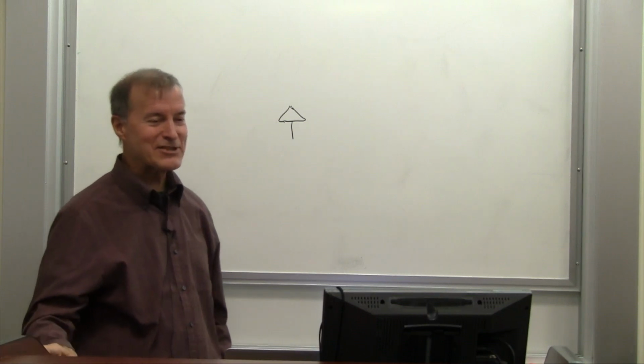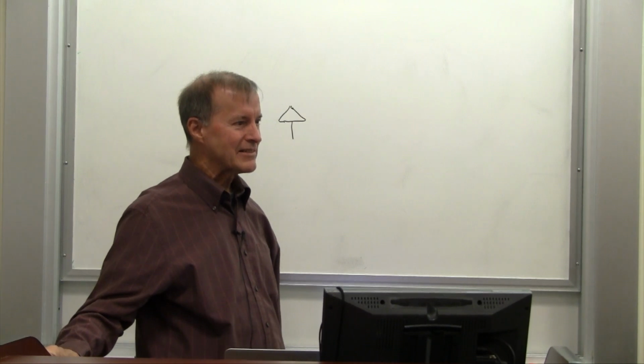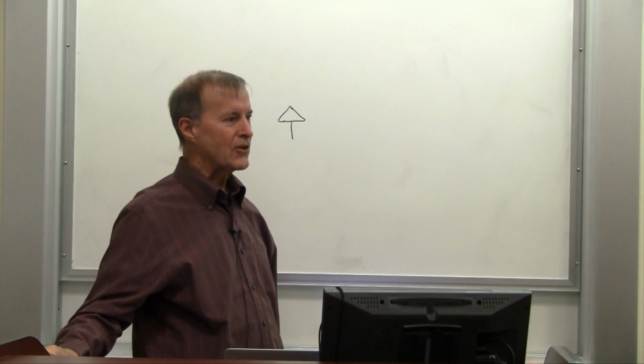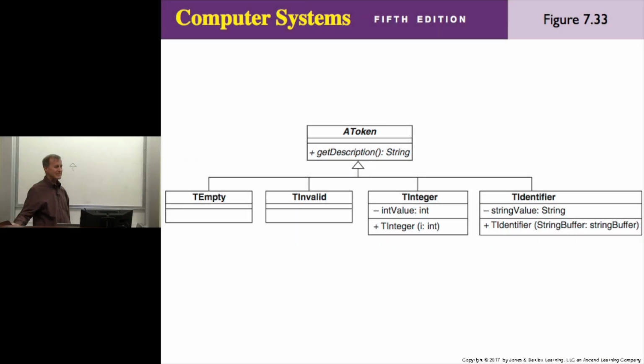Ooh, we had a difference of opinion here. Which one is inheritance? Okay, so are we agreed? It is is-a. So what we're saying is that a t-empty is an a token. A t-invalid is an a token. A t-integer is an a token. Is everybody clear? So that is is-a.